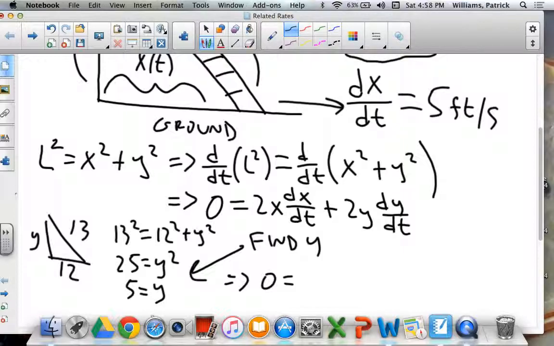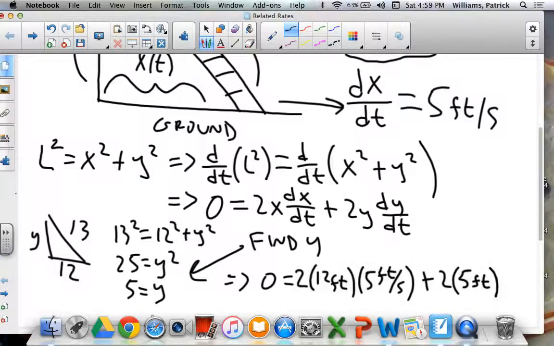So we got 0 is equal to 2 times 12 feet times dx/dt, which is 5 feet per second. Then we add plus 2y, which was 5 feet, times dy/dt. Okay, so that's all we're left with, and all we got to do now is solve for dy/dt.